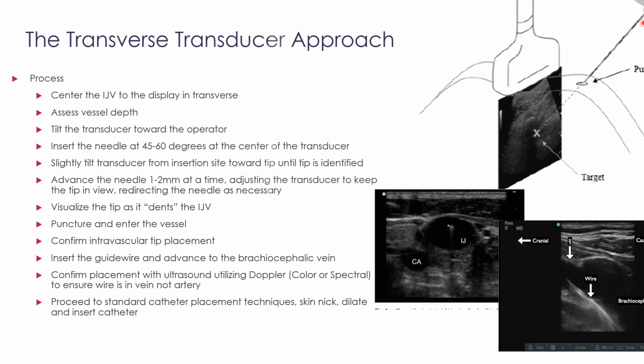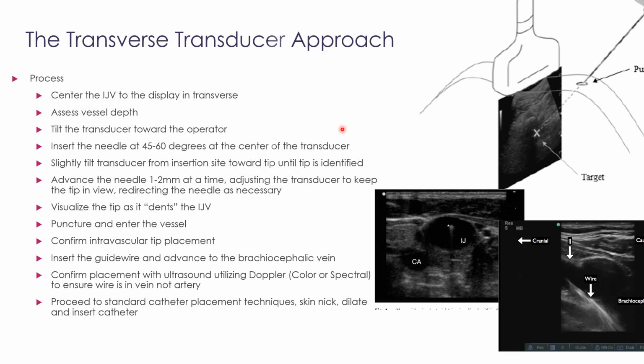So once you have your spot located, once you know your depth, then you're going to tilt the transducer toward the operator, and you're going to tilt the bottom of the transducer away towards the patient's feet, and the top towards the patient's head. Then you're going to insert that needle at the center of the transducer at usually a 45 to 60 degree angle.